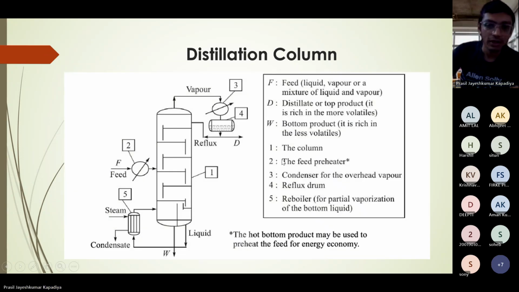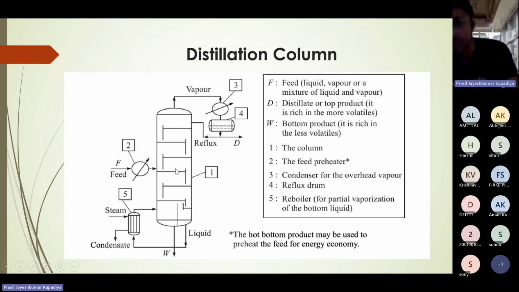Here, this is the feed. First we preheat the feed and then it enters the distillation column. What I was asking is, at the feed the pressure is, let's say, P1, and here at the feed tray location the pressure is P2. So what should be the condition?